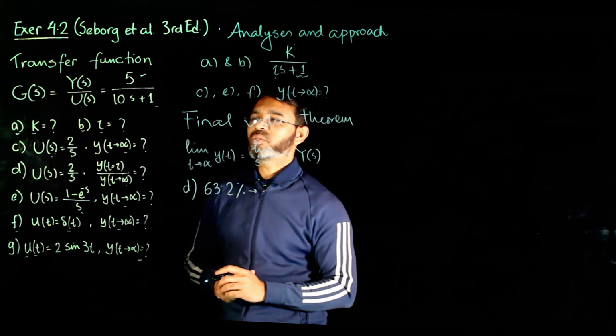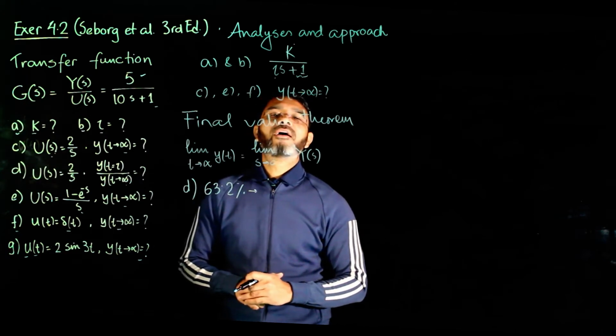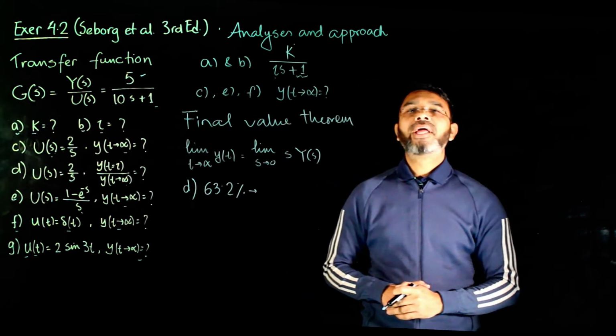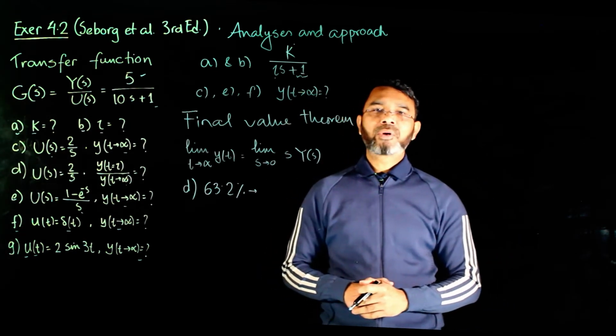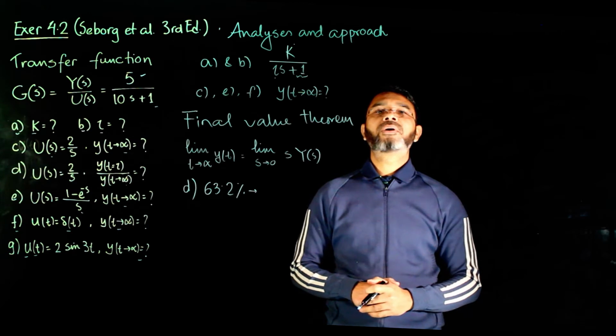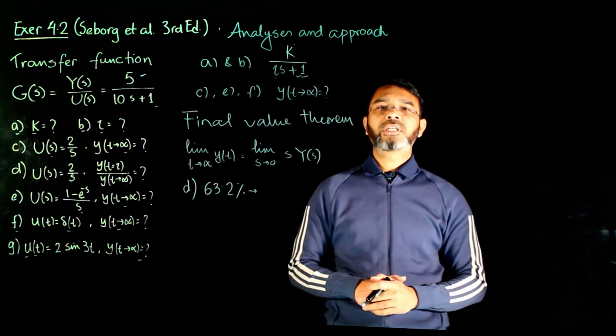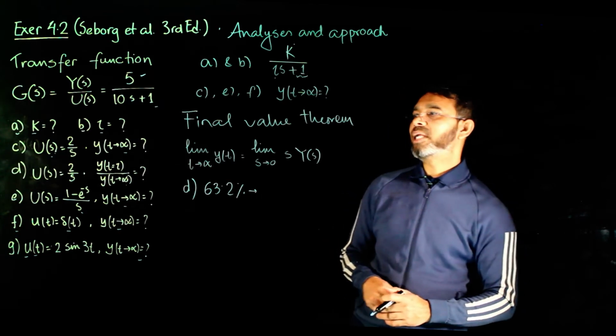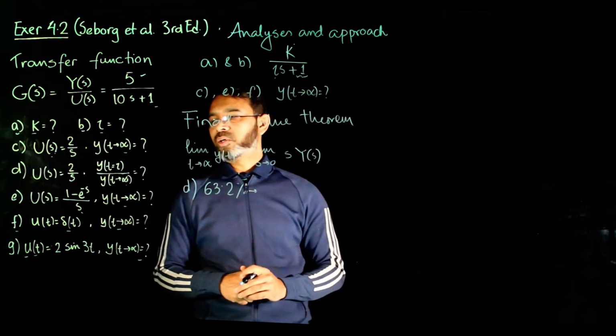What it really says is that the value of the output when t equals the time constant is 63.2% of the value of the output when t goes to infinity. So you can use that directly to find this ratio.